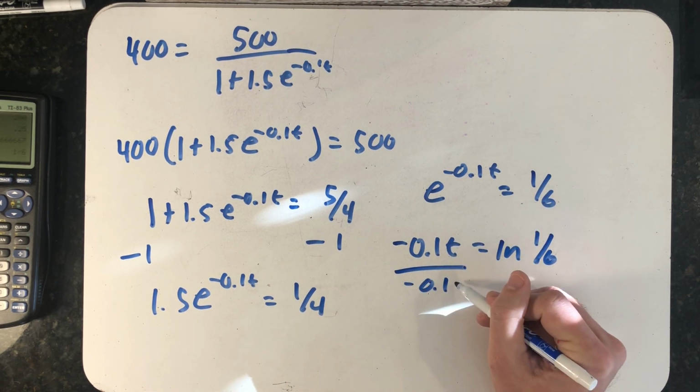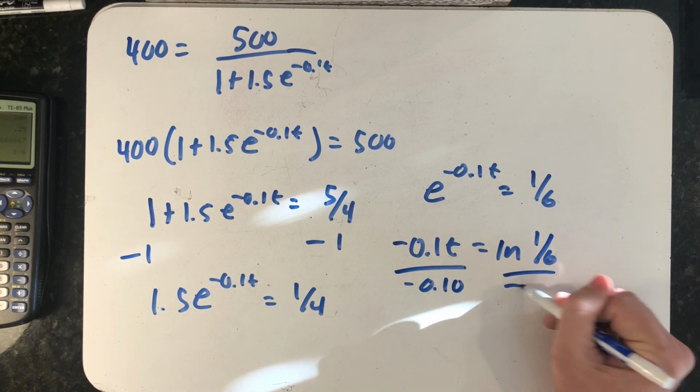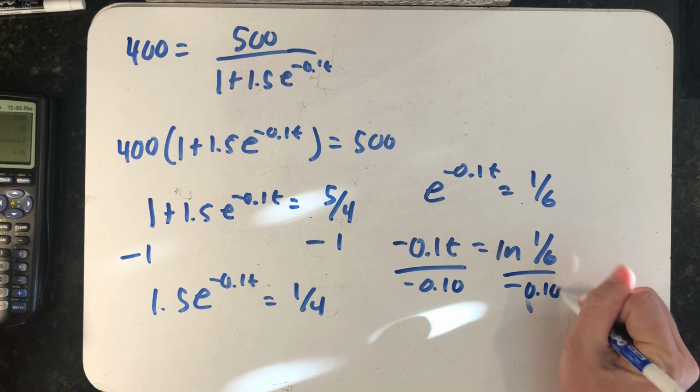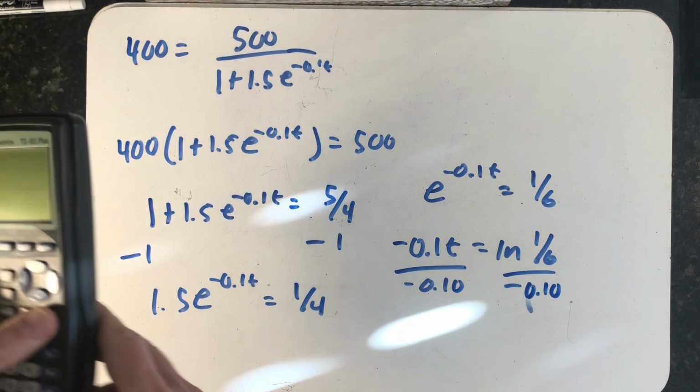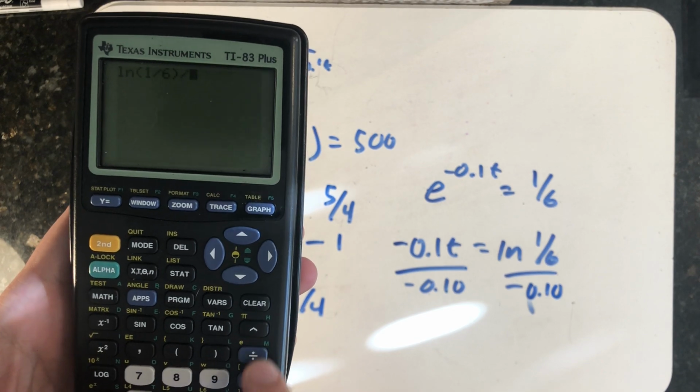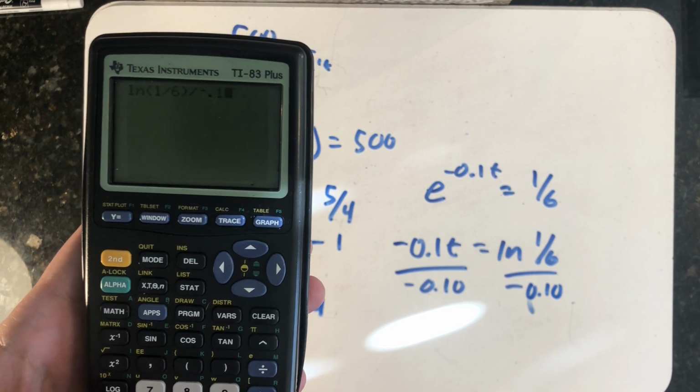Divide out that minus 1/10, and here I'll let my graphing calculator help me out. I have the natural log of 1/6 divided by minus 0.1.